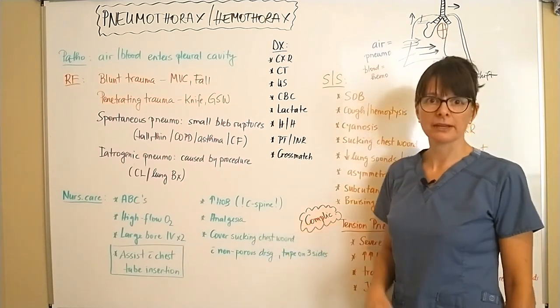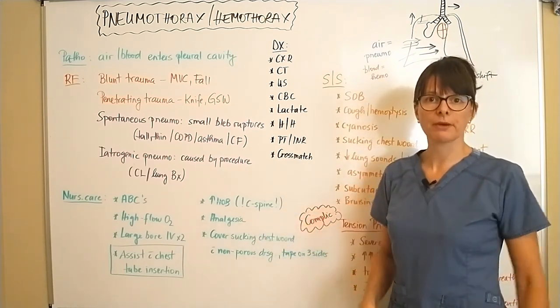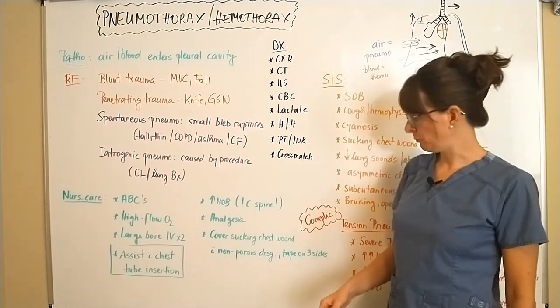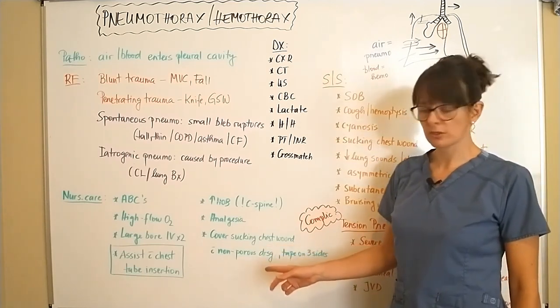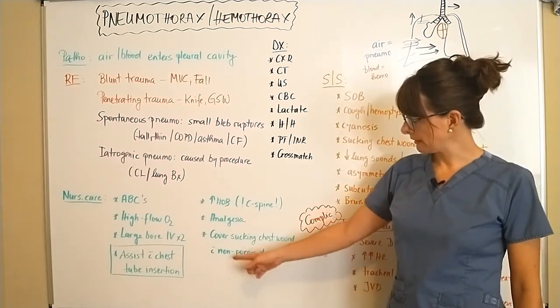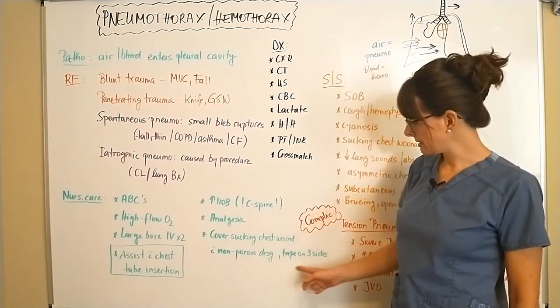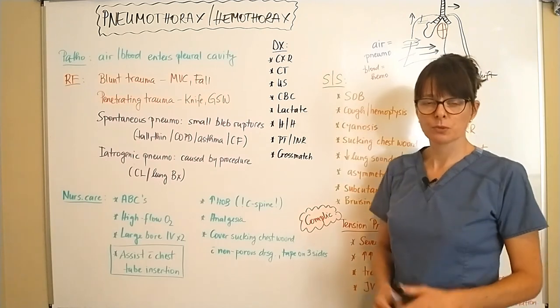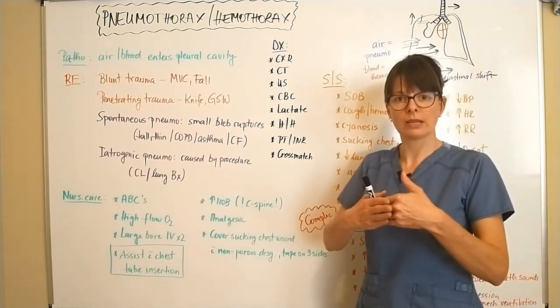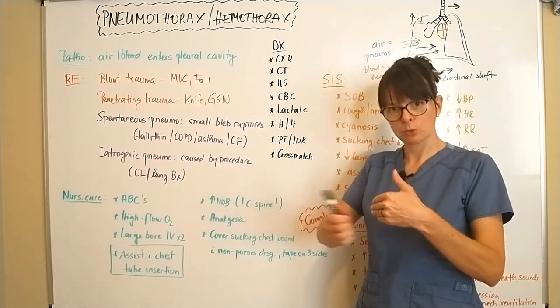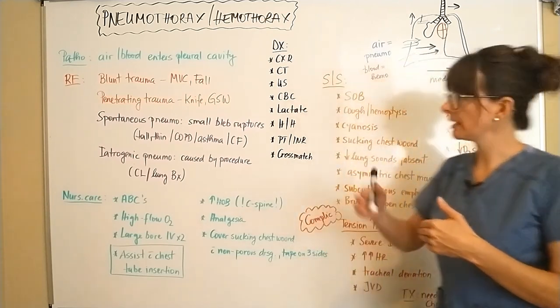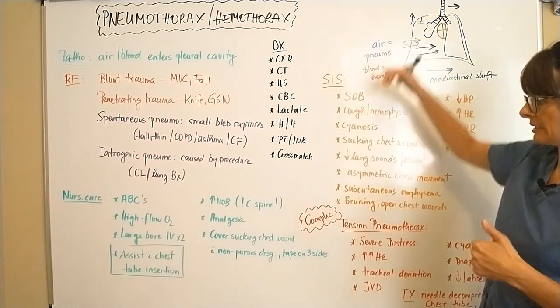Certainly the patient will need analgesia, because this was a significant amount of trauma that's causing a lot of pain. If there is a second chest wound that we just discussed, it needs to be covered with a non-porous dressing and taped on three sides, which will basically create a one-way valve that lets the air escape, but won't allow the air to be sucked back into the chest cavity and then allow it to kind of passively deflate.